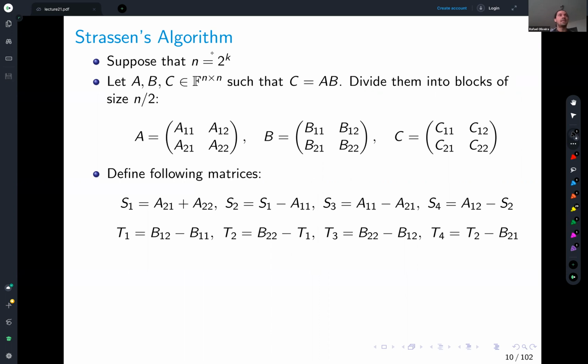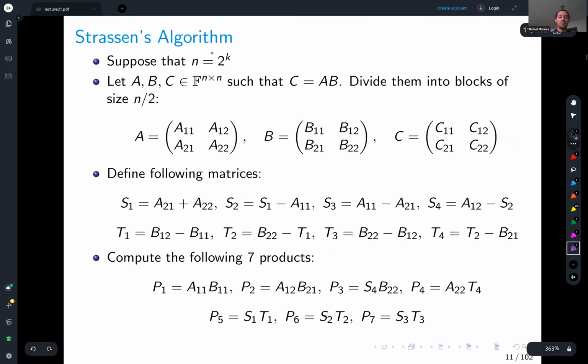And the idea is that now we're going to compute 7 products. Okay, so we're just going to compute the products. P1 is just going to be A11 times B11. P2 is going to be A12 times B21. P3 is equal to S4 times B22.